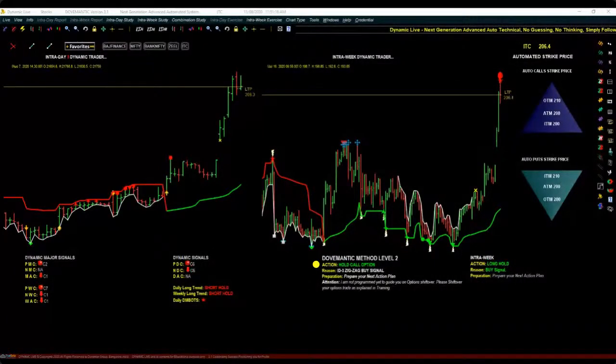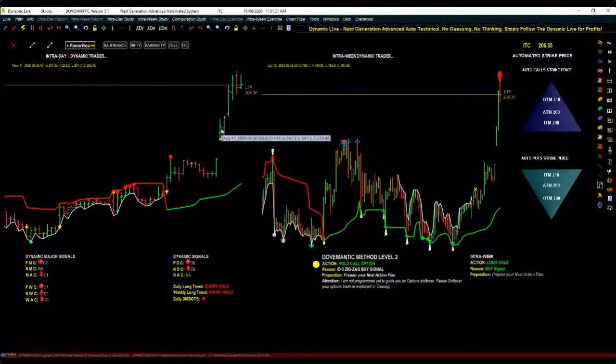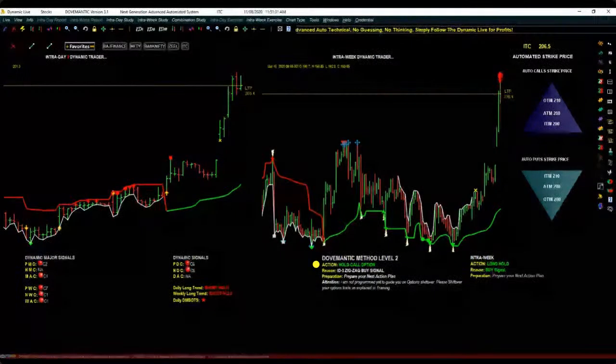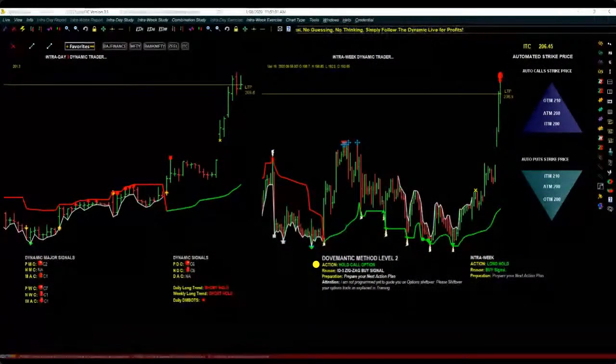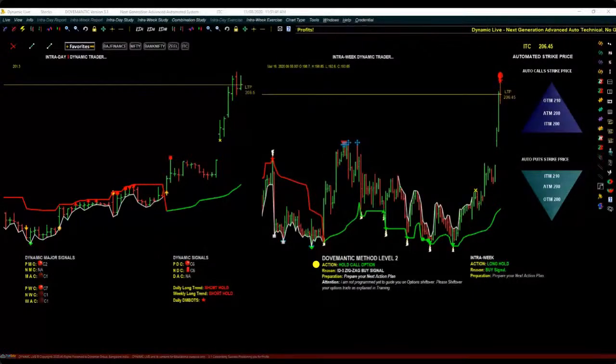Now it is telling us hold call option in the action information, but it has already told us to buy a call option somewhere at this point in time at 9:30 in the morning today, and the price was 202.35, and from there now it is trading at 206.50, more than 4 points movement in this one single move. And even if the lot size is, let us say, 2000 or 3000, with a 4 point movement we are talking about literally close to 10 to 12,000 rupees profit. So this is how one can benefit from it.